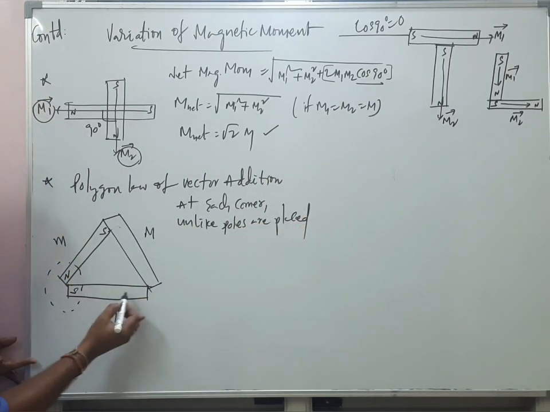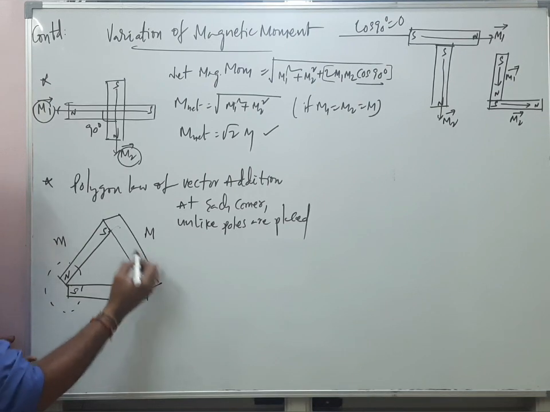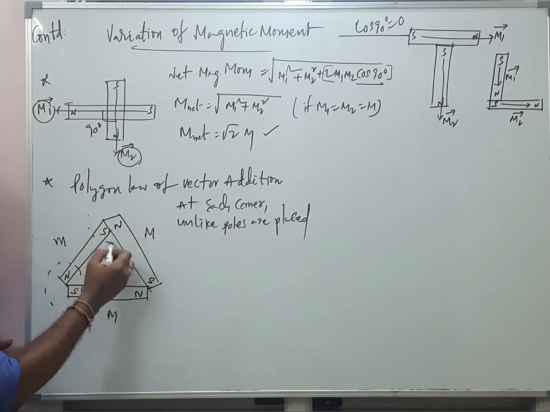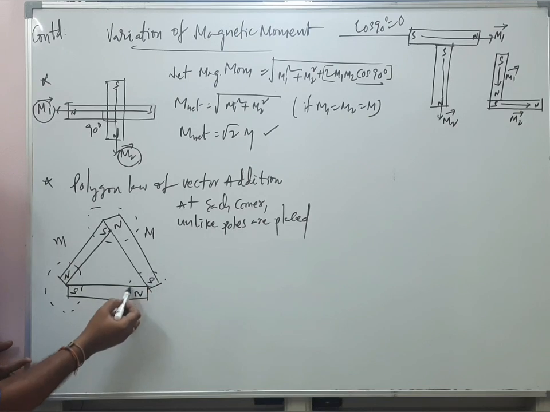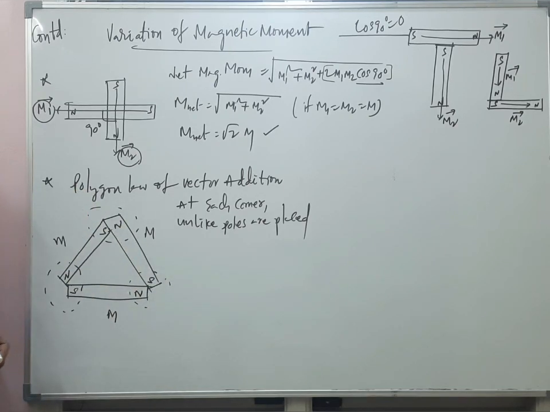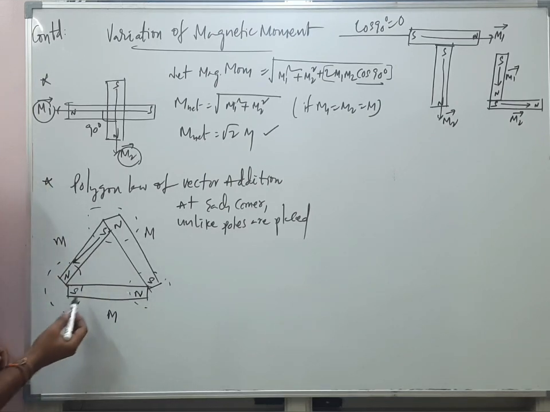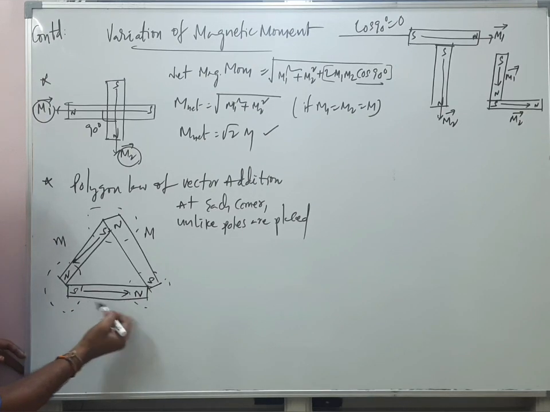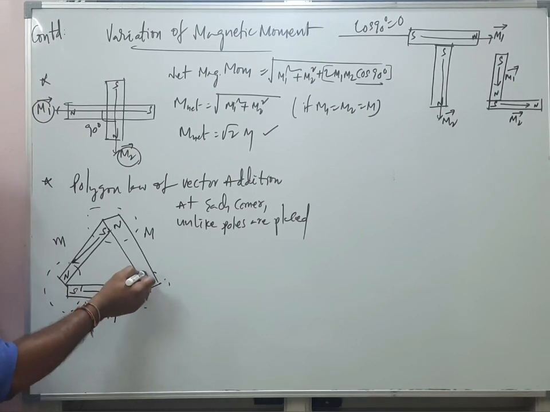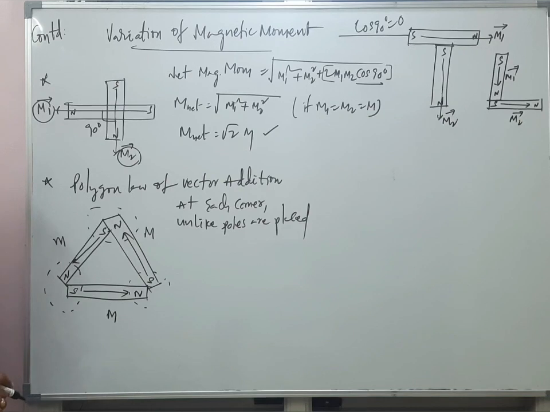This is south and north. It's south and north. See here, at each corner unlike poles are placed. Okay. Now, magnetic moments, let's see. It's M bar. This is also an M bar. This is also M bar. This is called the polygon law.